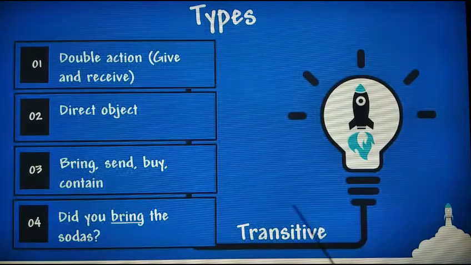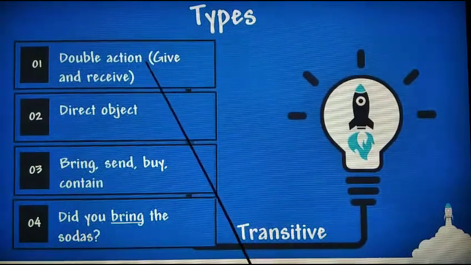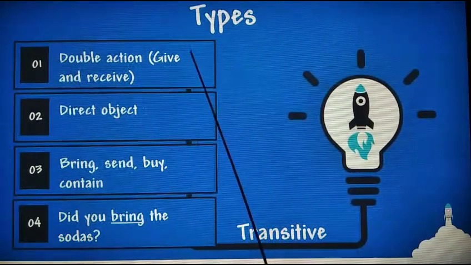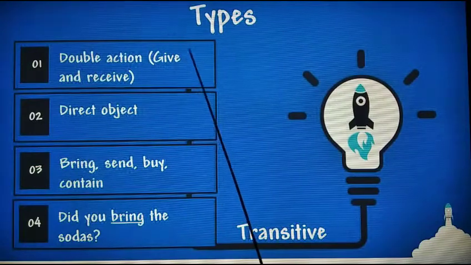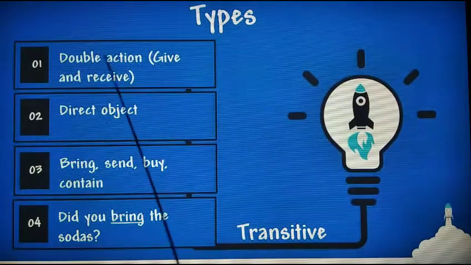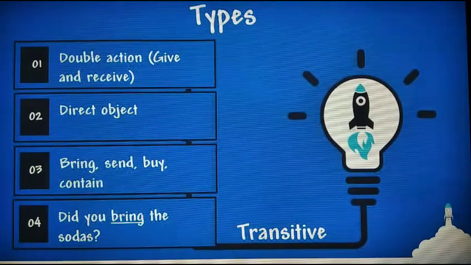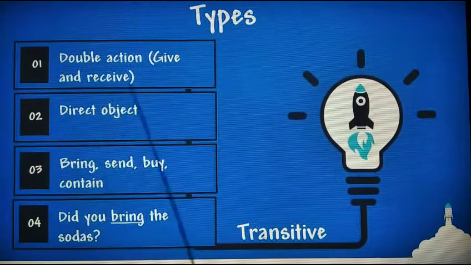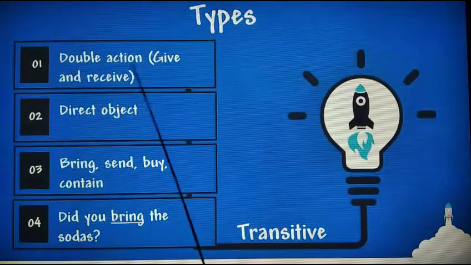Then we have the transitive verbs. These types of verbs express a double action, a subject that gives, and an object that receives. These types of verbs require a direct object receiving the action.